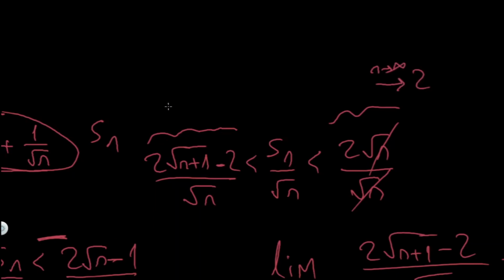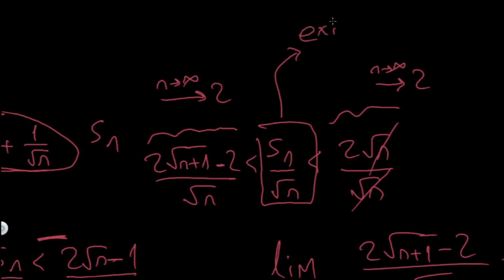And the left side would also converge to 2 as n goes to infinity. So I can say by the squeeze theorem that this Sn over square root of n, which was given in the question, has a limit, the first result that we get from the squeeze theorem, and it's equal to 2. So this is our answer.